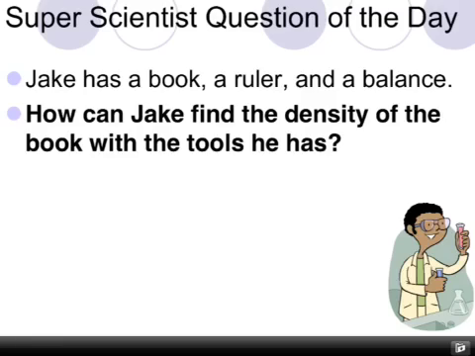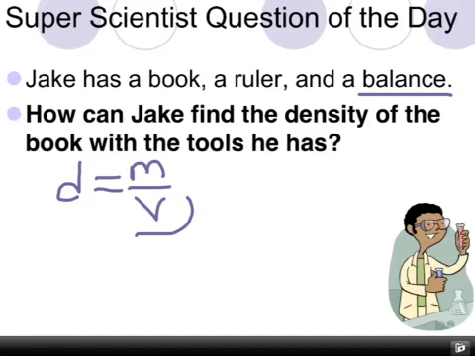All right. Now, to figure out density, you need mass divided by volume. So, in order to find mass, we need a balance. Okay, so he's going to use the balance to determine the mass. And then he has to figure out the volume. Well, volume we measure with a graduated cylinder or a beaker or something like that. But we could also measure volume as length times width times height.